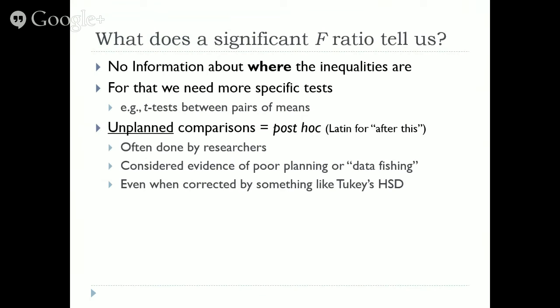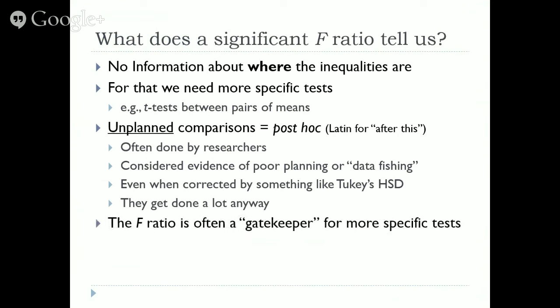So we try to prevent that by doing only planned comparisons, but we have other ways that we try to do it as well, like correcting our alpha for the family-wise alpha error rate by using something like Tukey's HSD or LSD or something like that. And we also use the F ratio as a gatekeeper. So we prevent ourselves from doing too many tests by refusing to do any of these means comparisons unless the omnibus F test, the overall F ratio, is significant.